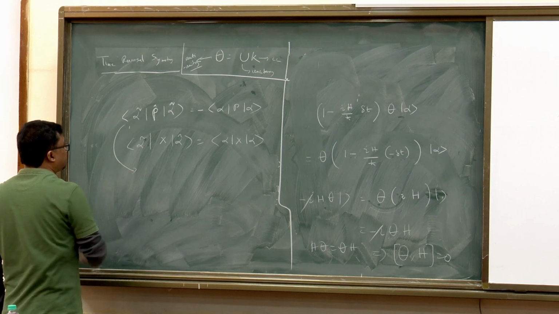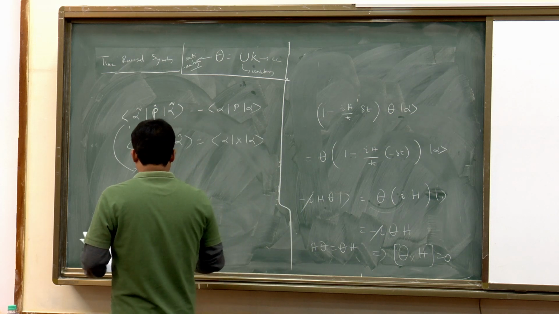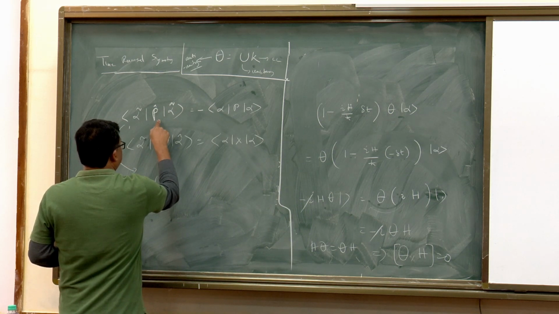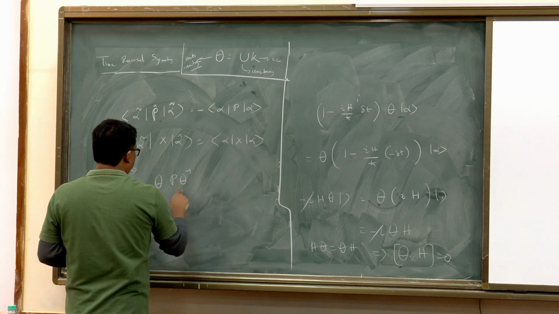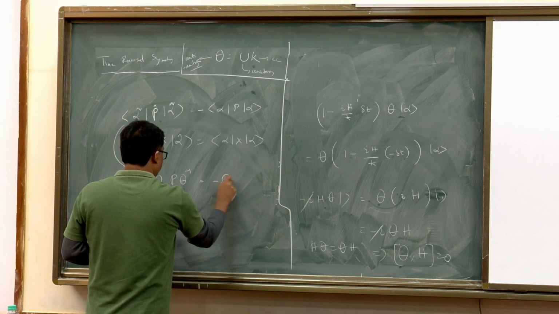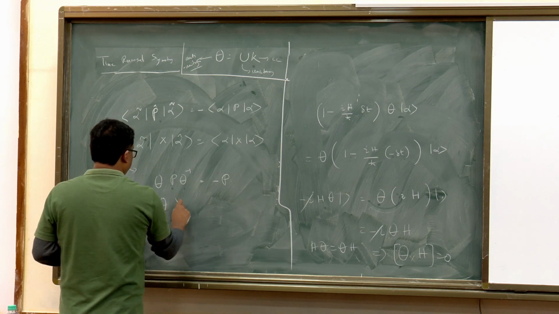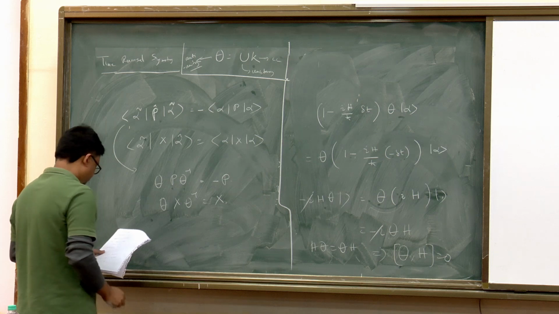Now, of course, in this case you can put the theta and theta inverse, and you can show that this statement is same as saying that if you do a similarity transformation of p with respect to theta, that gives you minus p, and if you do the same thing with x, that gives you x.